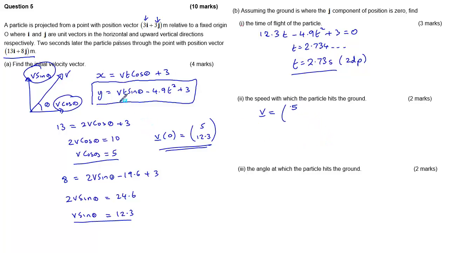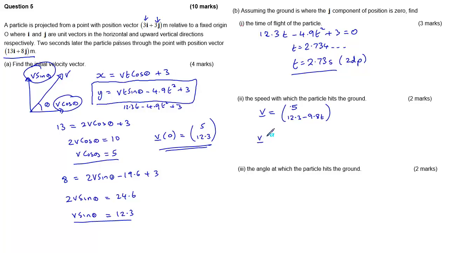And then we have 12.3t take away 4.9t squared plus 3 here. We need to differentiate that, so that would give us 12.3 take away 9.8t.